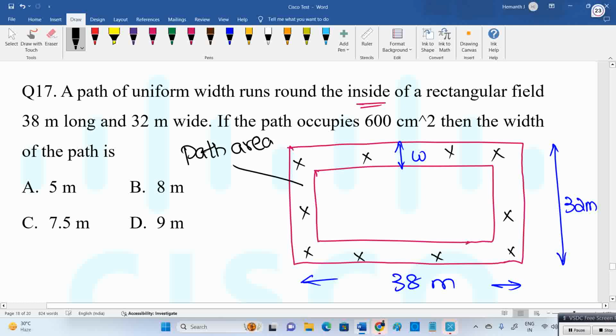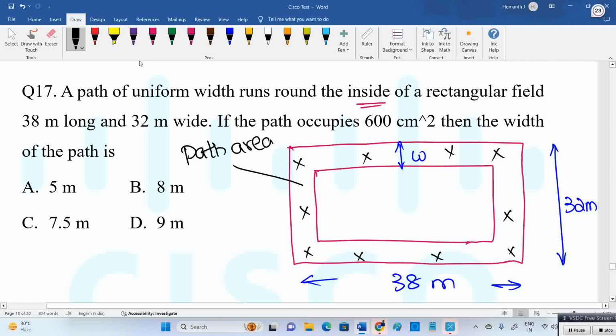And you have to clearly observe the path area is in centimeter square, not meter square, while length and breadth are in meters. The path area is given in centimeter square. Then what is the width of the path? I think it might be meter square only. It seems it's not centimeter. There might be a mistake.